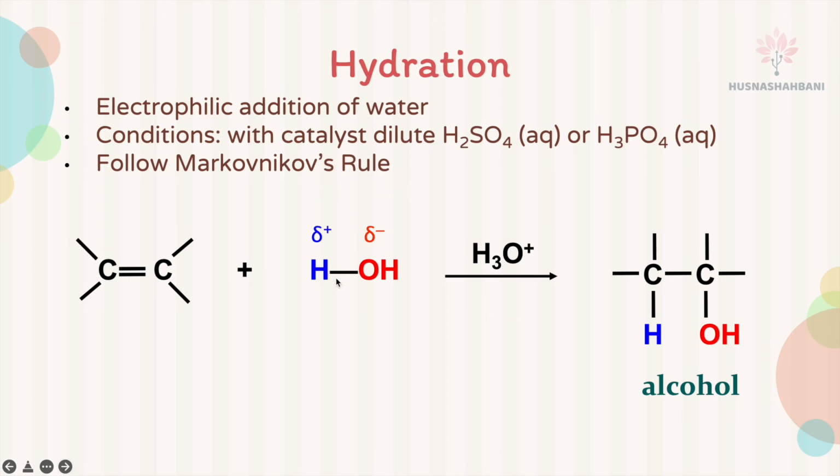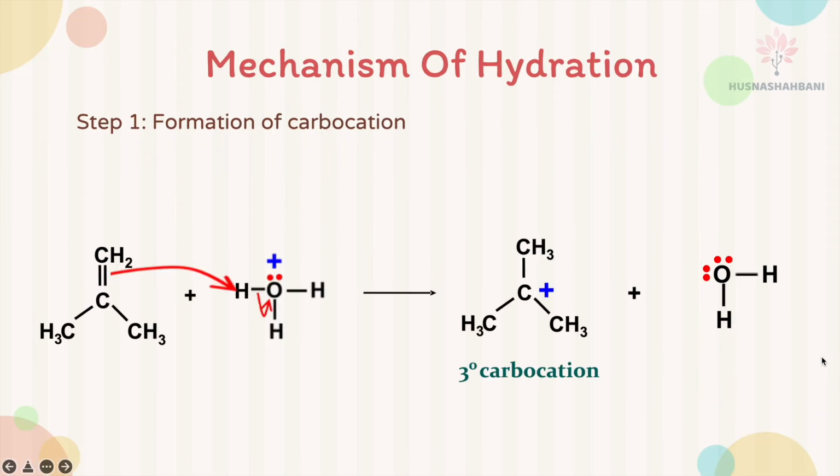So hydrogen is added to the carbon with more hydrogens to produce alcohol. One hydrogen will attach to one carbon and the OH group will attach to another carbon, and it has to follow Markovnikov's rule. The product is alcohol.